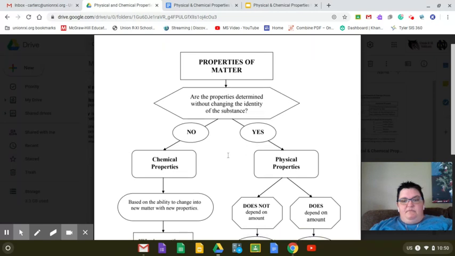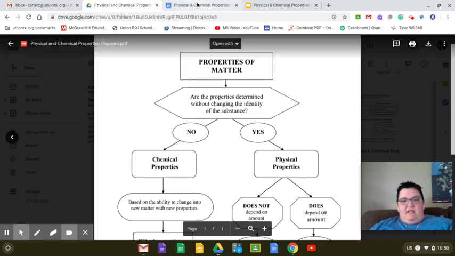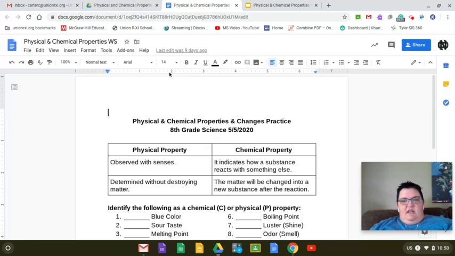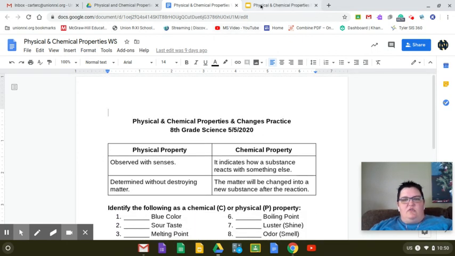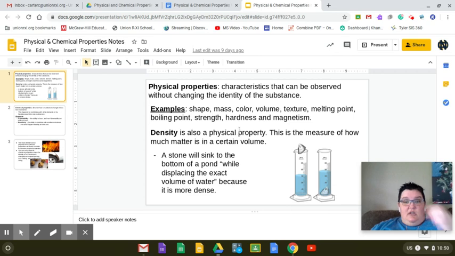And then you are going to have the assignment, physical and chemical properties and changes practice. It has the date there of when it is. So we'll go over all of those today in our discussions.